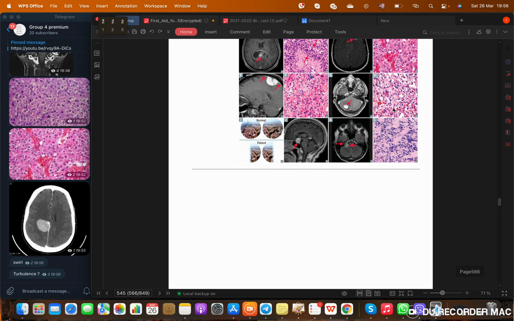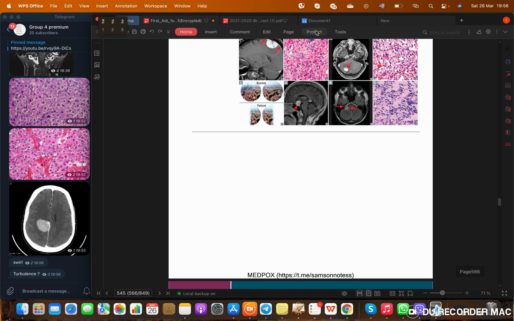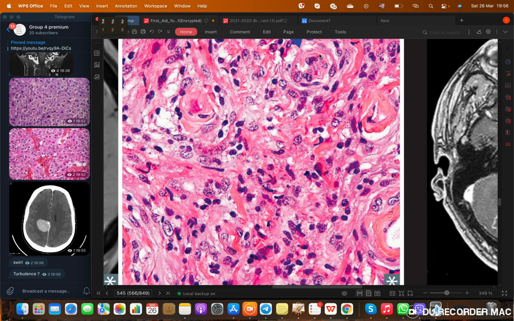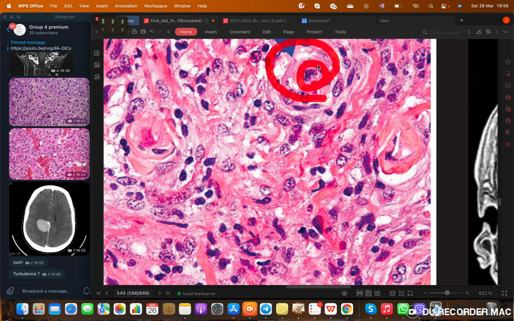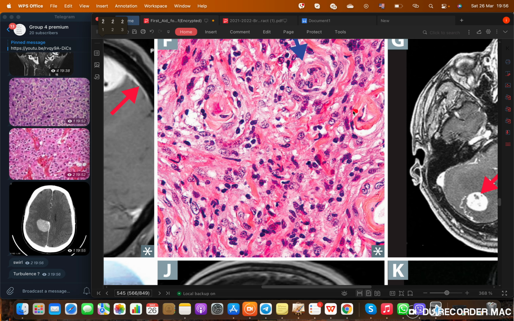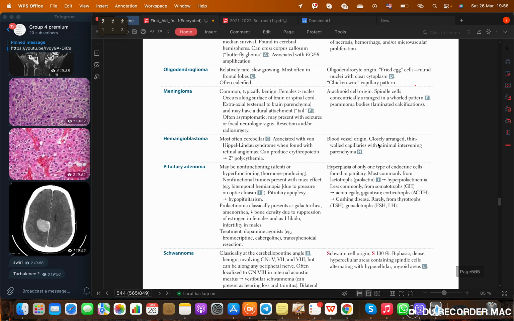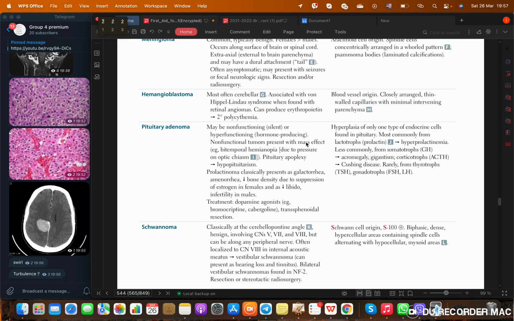It looks like a swirl. Yep, as you can see in this picture. They even can develop a psammoma body, which is a type of dystrophic calcification, okay? Psammoma body, which is laminated calcification, make a note, dystrophic calcification.